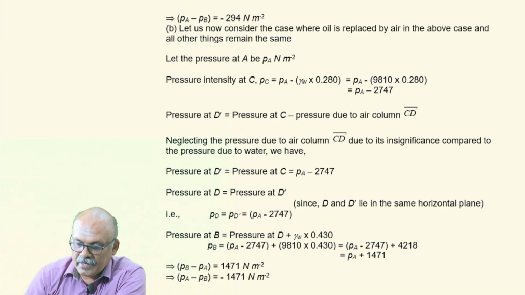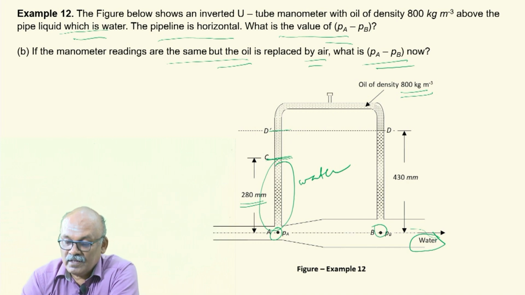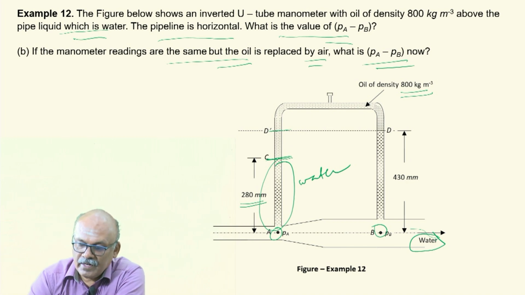Then pressure at D dash. What is D dash? D dash is a point in the left limb taken at the same level as D, which is in the right limb, and D marks the interface of underlying water and the overlying oil. So what is C to D dash?